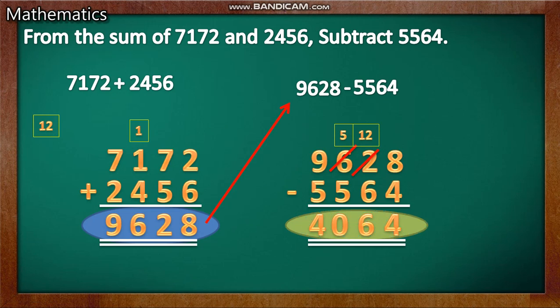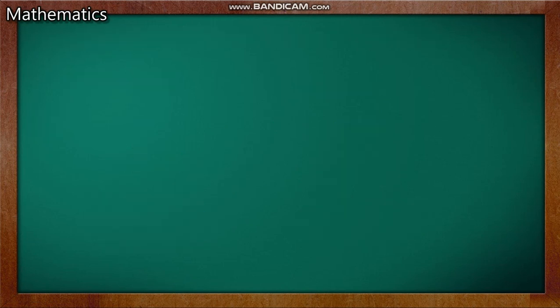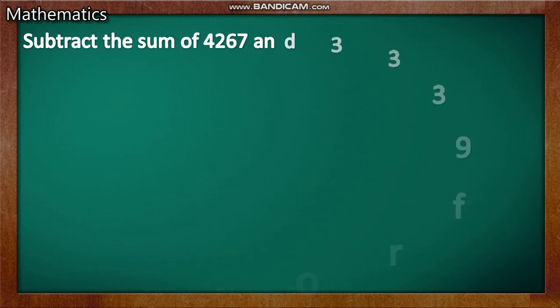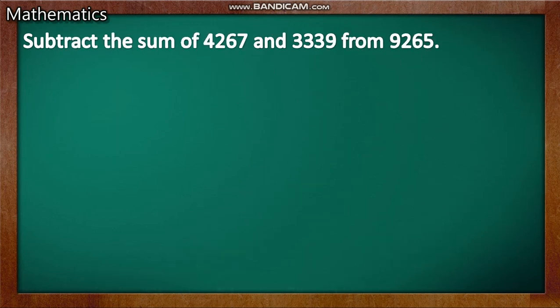Ready? Okay, I'm giving one more question to you. Listen carefully. Subtract the sum of 4,267 and 3,339 from 9,265. I told you, you have to find the sum first. You have to add first.